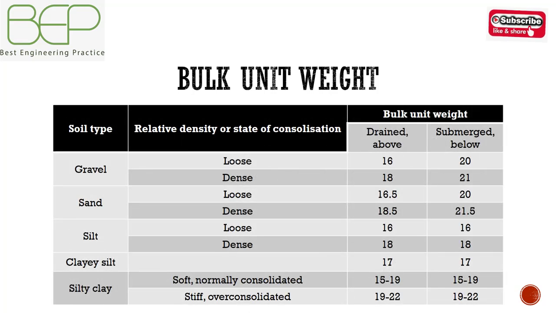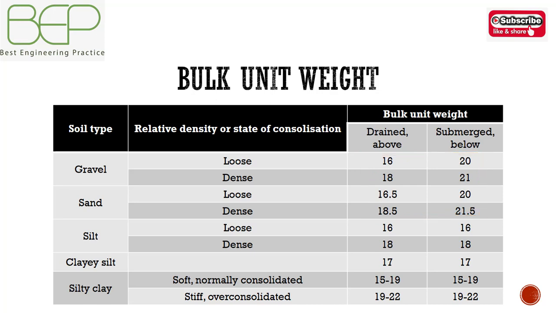When a coarse granular material is above the groundwater table, its pore space will contain air. When below the groundwater table, the pore space will be full of water. As a consequence, the bulk unit weight of soil will be higher. As you can see, these are typical values.